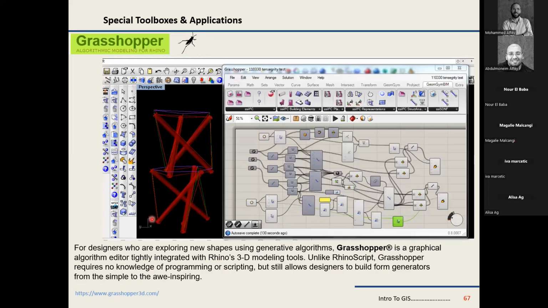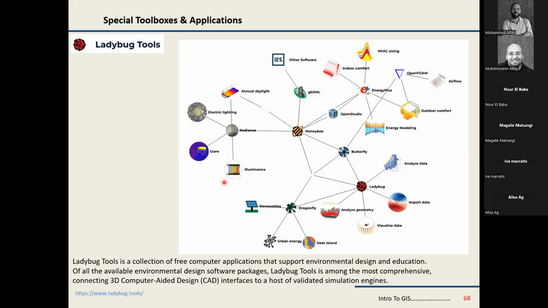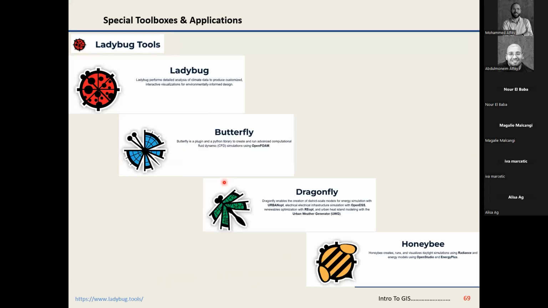Of course, Grasshopper is a very well-known plugin for the Rhino software, and the importance of Grasshopper is not just that it helps with procedural programming for the system in Rhino, but the idea that we can couple it with other software, especially something like the Ladybug Tools, which offers us a great variety of environmental analysis tools on several levels, whether we're talking about Ladybug or Butterfly or Dragonfly or Honeybee.